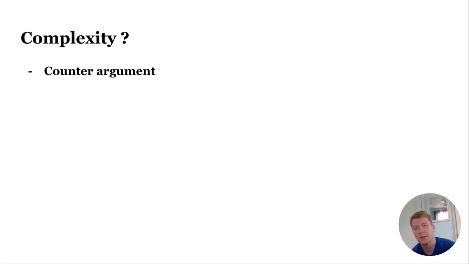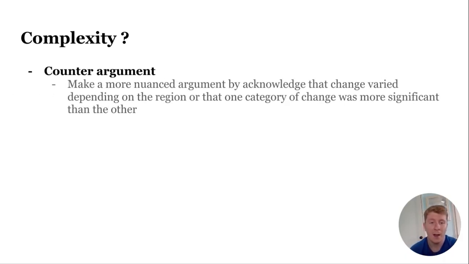So this is to say, all right, I'm saying in that initial thesis that there was significant change, but I could make it a little bit more nuanced, which means it's not as black and white, if I acknowledge that the change wasn't as significant in every single region within the Atlantic region. So what I mean by that is, I might acknowledge one region had more change than another region.